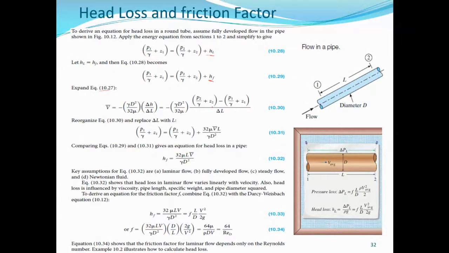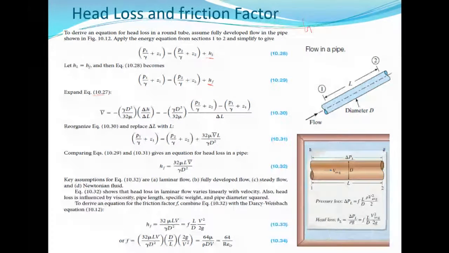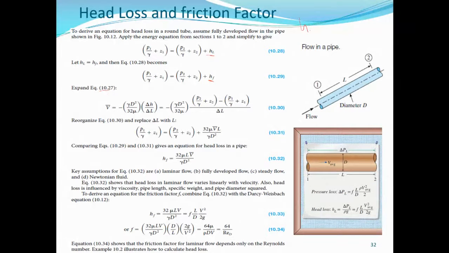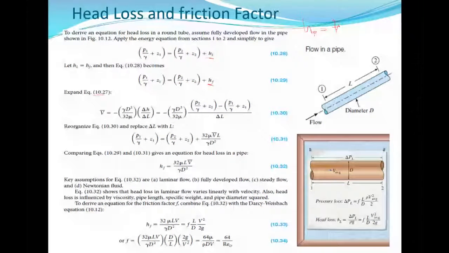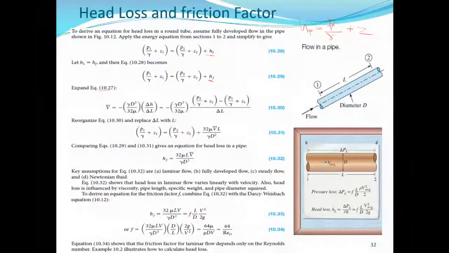If you remember, the piezometric head is given by P over gamma plus Z. So delta H is going to be the piezometric head at point 2 minus the piezometric head at point 1. So it is simply the difference between the piezometric heads, which is delta H.